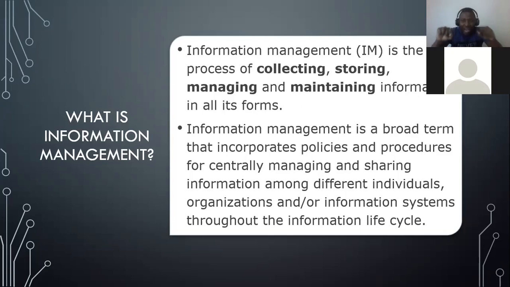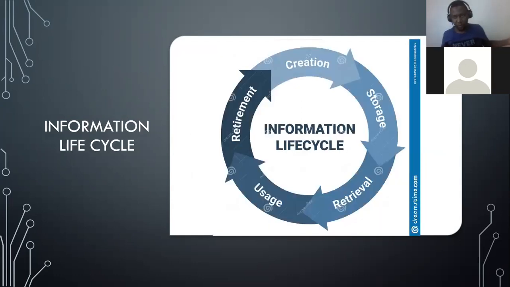But now with the advancement of technology, there's what we call information systems. Those information systems have been designed by software engineers to help business managers to manage information. So that's what they're also saying, that it incorporates information systems throughout the information life cycle. So information has what is called a life cycle.